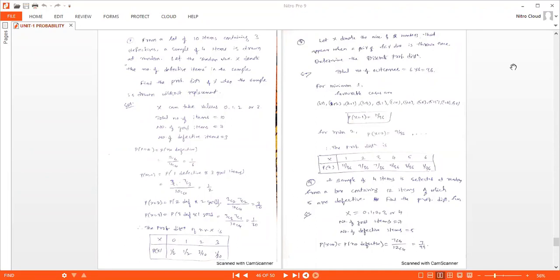So what is your X here? X denotes the minimum of 2 numbers. So you need to calculate for minimum 1, minimum 2, minimum 3, minimum number is 4, minimum number is 5, and minimum number is 6.